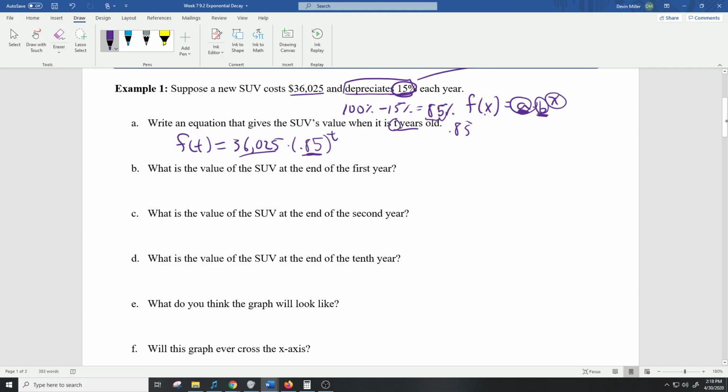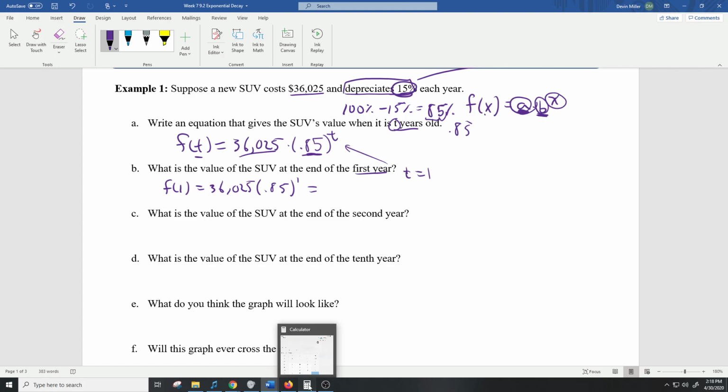What is the value of the SUV at the end of the first year? What are they asking us to do? Plug in 1 for t. So if t equals 1, we plug that in up here and on the left as well. We do f of 1 equals 36,025 times 0.85 to the first power. That one's pretty easy to evaluate because the exponent is only 1, so we're just going to do 36,025 times 0.85.